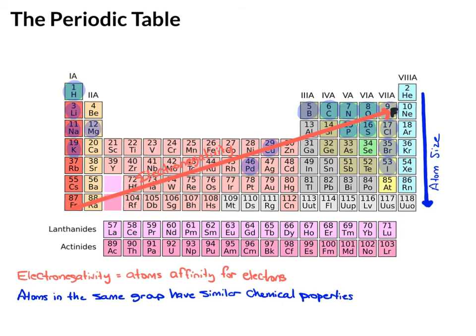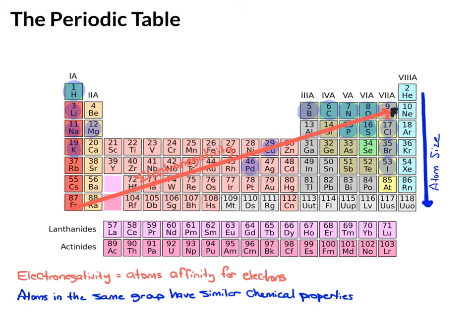And that's going to be especially true when we start talking about reactions. Many of the reactions that we'll do with chlorine will also work with bromine and iodine. And when we talk about countercations, lithium, sodium, potassium, those are all very similar.